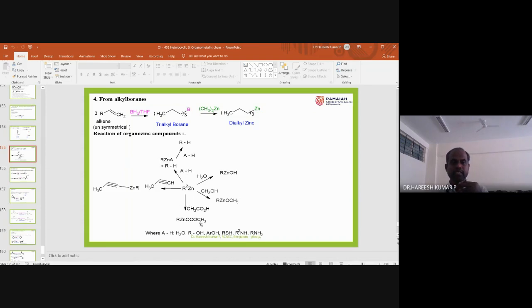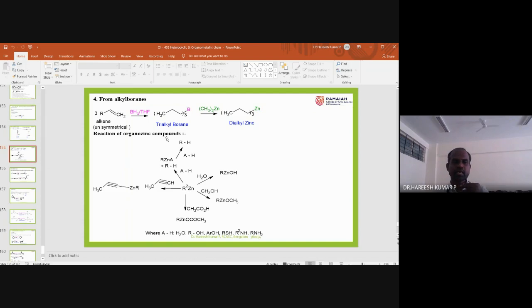So these are the reactions. Organozinc reacts with water to form a hydroxy compound. Organozinc reacts with alcohol to form an ethoxy. Organozinc reacts with acetic acid to form an acetoxy. Organozinc reacts with an alkyne to give an alkynyl zinc. Organozinc also reacts with an acid source to release a hydrocarbon.